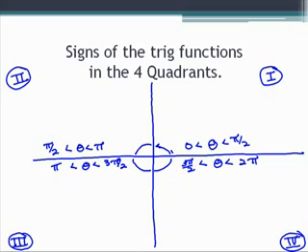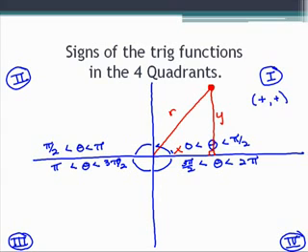All right? When we do the ordered pair, like in the first quadrant, we know that when we label ordered pairs, the x value is going to be positive, so is the y value. So if I drew a little triangle then, let's do it in red. This is the x, this is the y, this is the r.